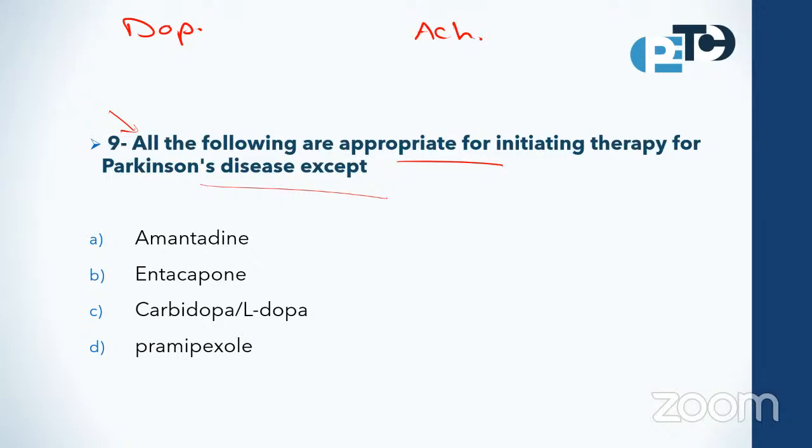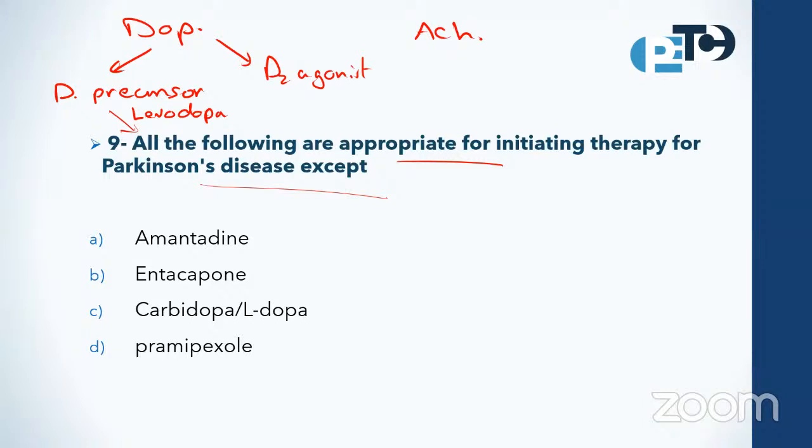Drugs affecting dopamine, either dopamine precursor, like levodopa, or dopamine agonist, like bromocriptine, cabergoline, pramipexole, apomorphine. All of them are dopamine agonists.